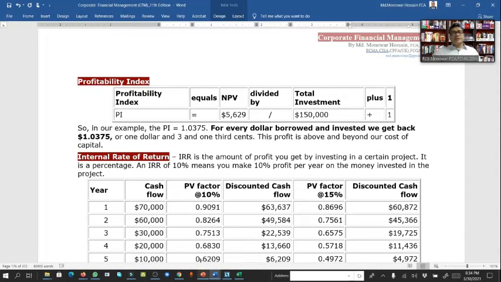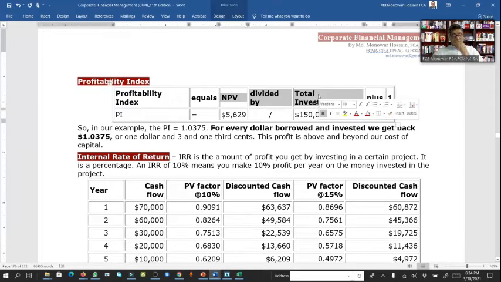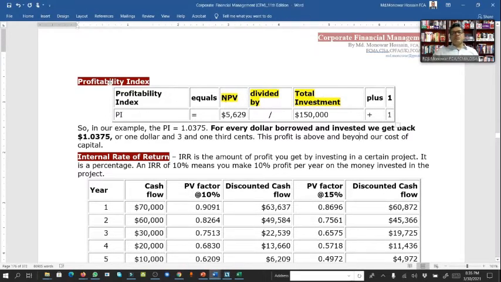If we use the net present value, then PI equals net present value divided by total investment, plus 1. When we use the present value only, not net present value, then we do not add the 1. But when we use the net present value, then we have to add 1.